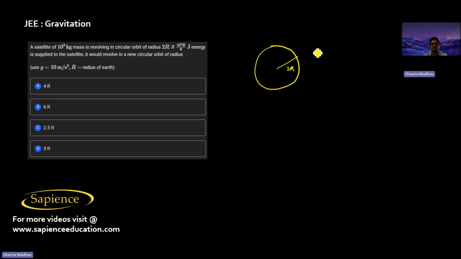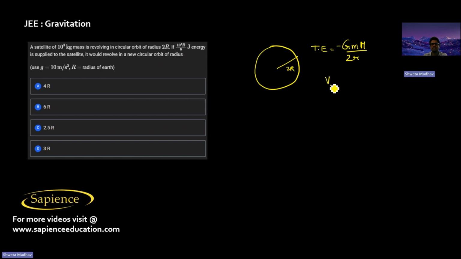Now we know that the total energy is given as minus GMm by r, minus GMm by 2r.